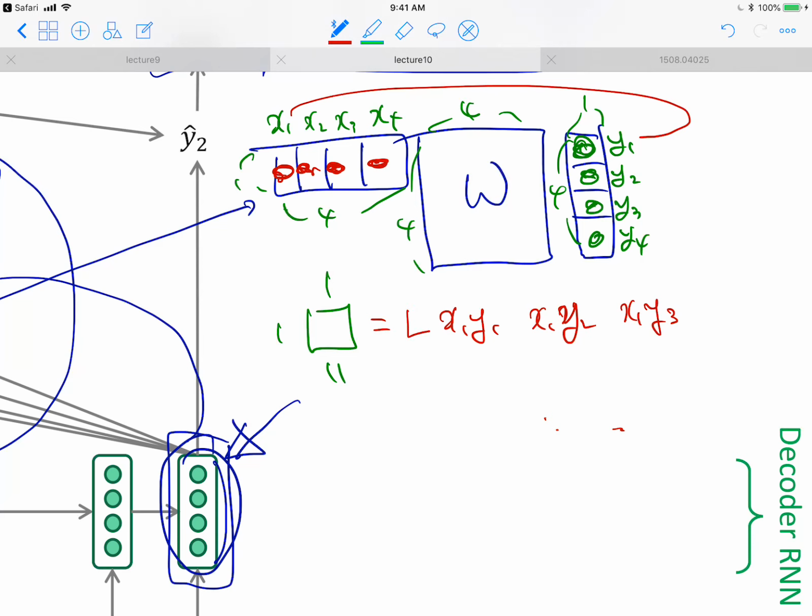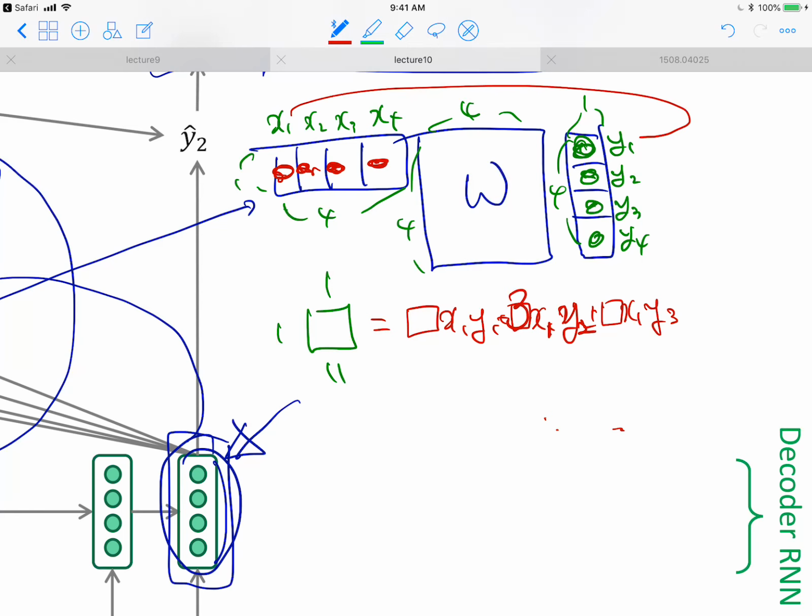Then we determine all the different linear combination weights of all these cross products between the two vectors.